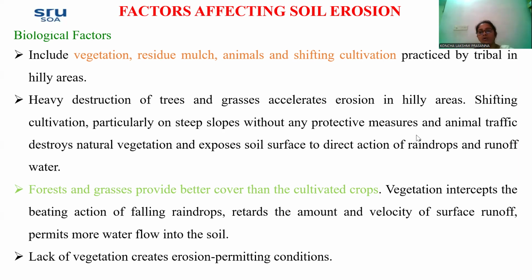So when there is no vegetation grown on the land, then obviously that particular land is more prone to erosion when compared to land having vegetation. When vegetation is grown on a particular land, the land is less susceptible to the falling of raindrops, and thereby the surface runoff and other impacts of erosion can be decreased.